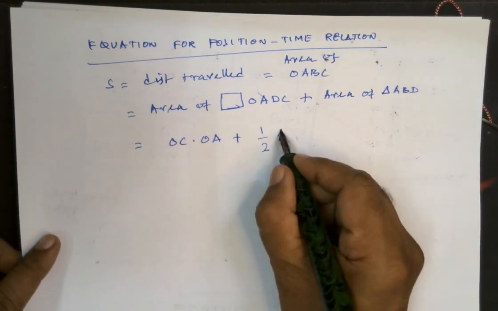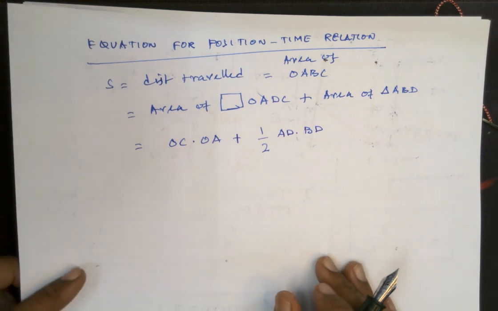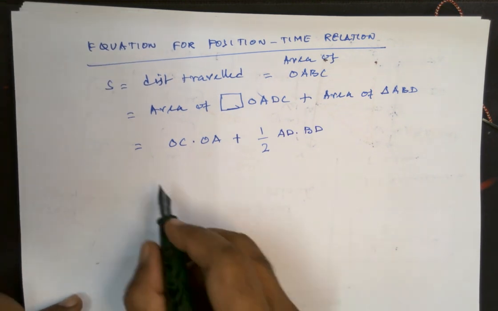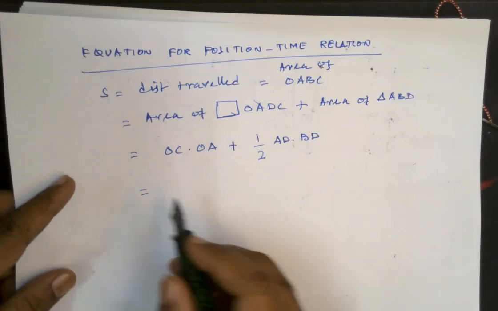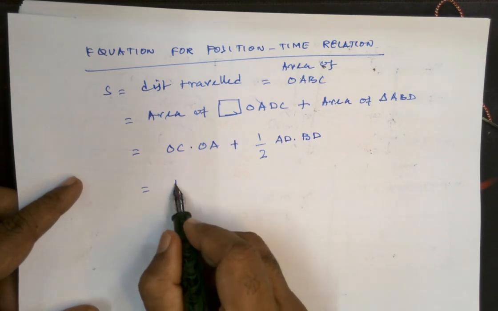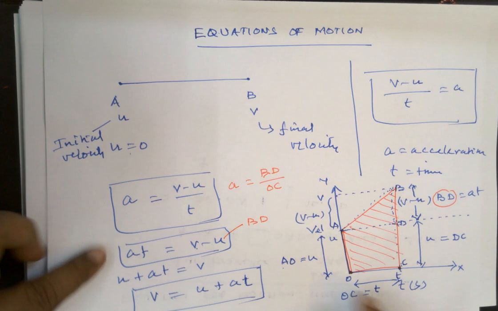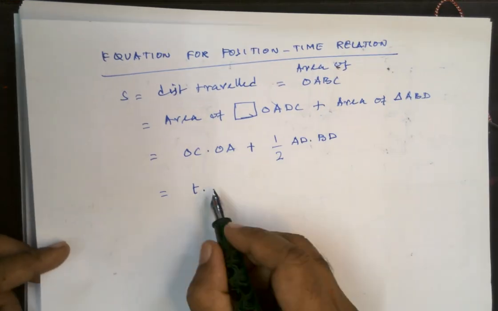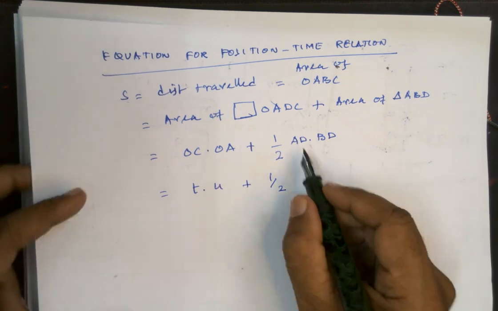So half into AD into BD. Now we already discussed OC is nothing but T. And OA is nothing but U. So you have U T plus half into, what is AD?